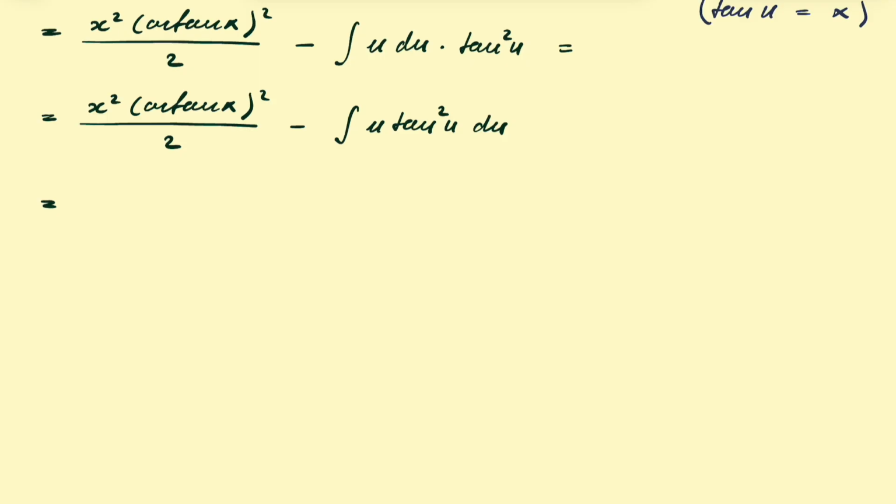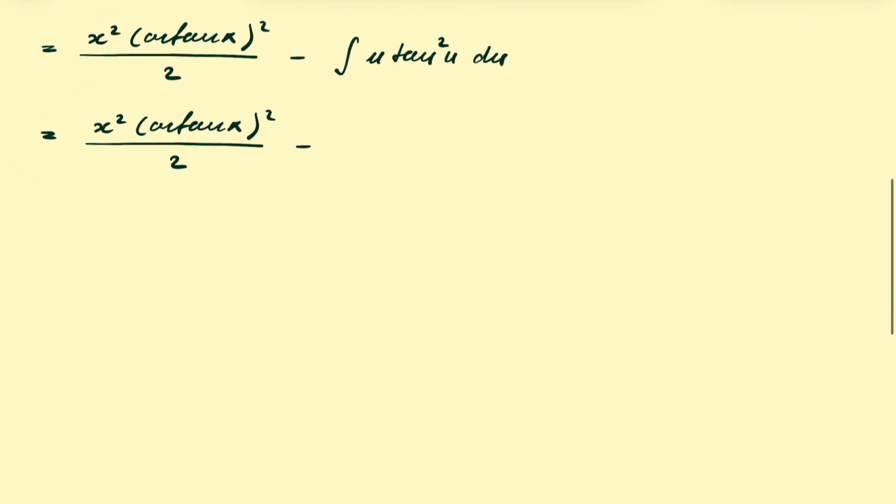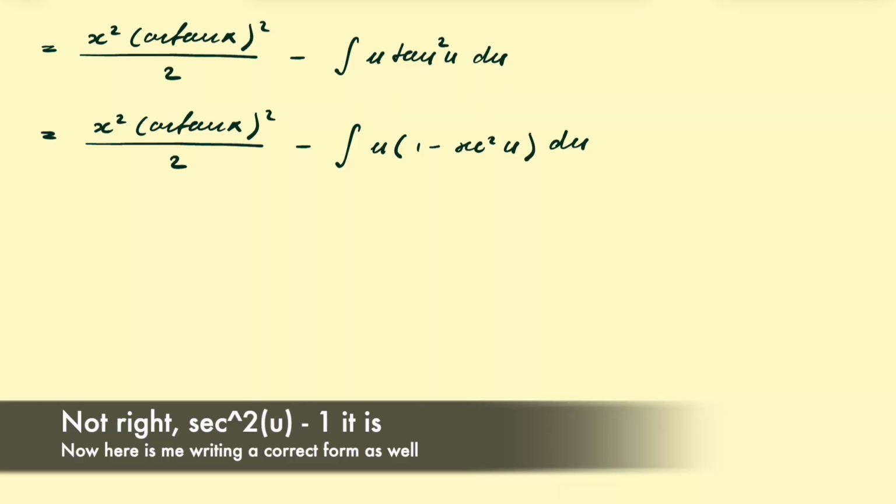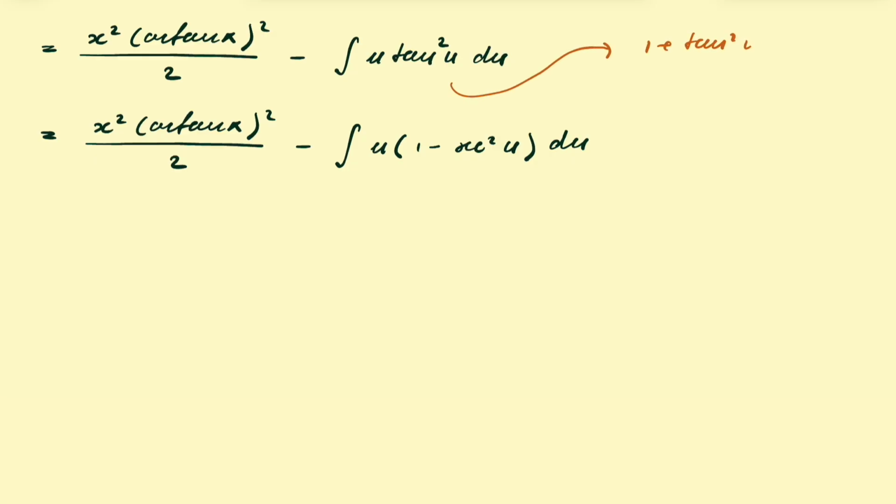So we just duplicate this one again. And as for the integral of u times tangent square of u, I'll write just u times, as I said earlier, 1 minus secant square of u du. Here, I'll just write that 1 plus tangent square of u is equal to secant square of u.